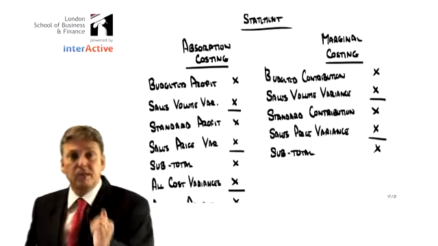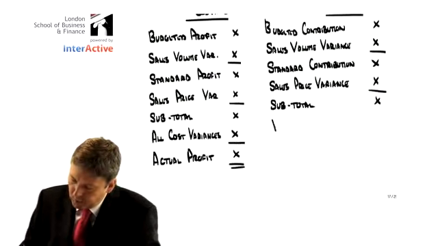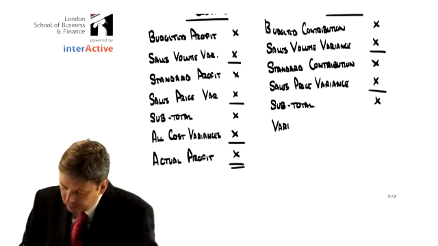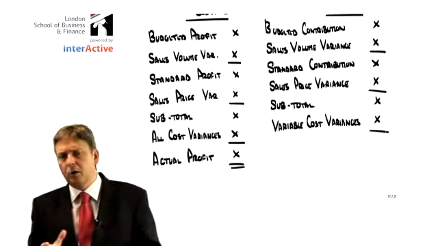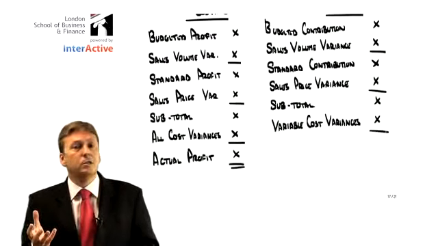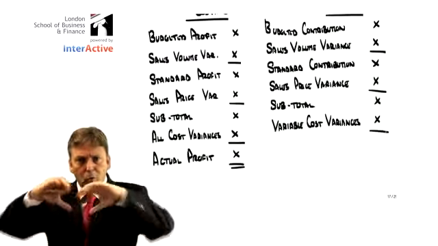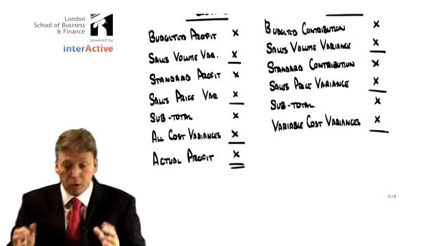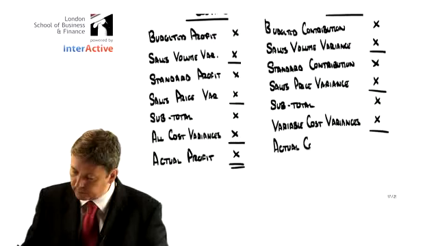All we've done is separated the sales from the variable cost variances. Then we can introduce our variable cost variances. Now, if you think about it, we've included all the variances to do with sales and all the variances to do with variable costs. Therefore, we have all the variances to do with contribution. We have now reconciled to actual contribution.